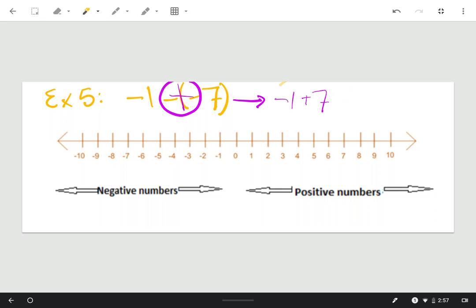Negative 1 plus 7 is what we're actually solving. We start at negative 1. We go plus 7, so plus is going to be in the positive direction over here. 1, 2, 3, 4, 5, 6, 7. 7 moves gets me to 6. So the answer is positive 6.